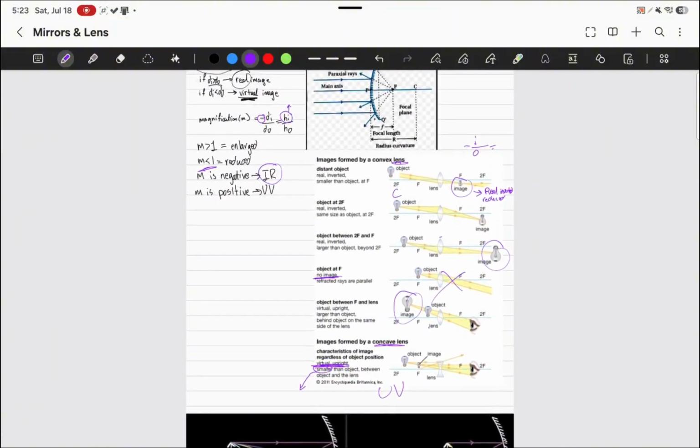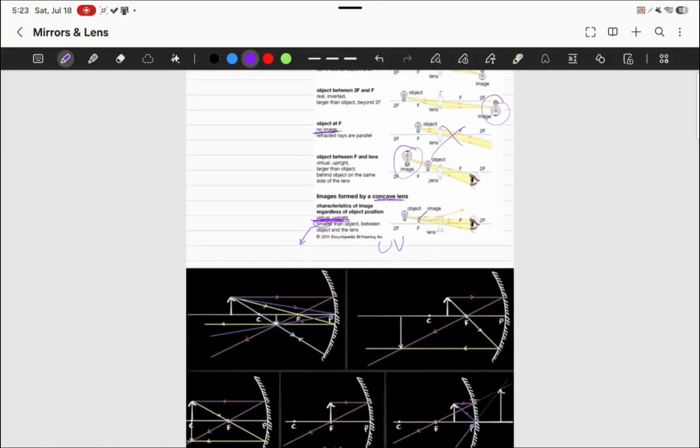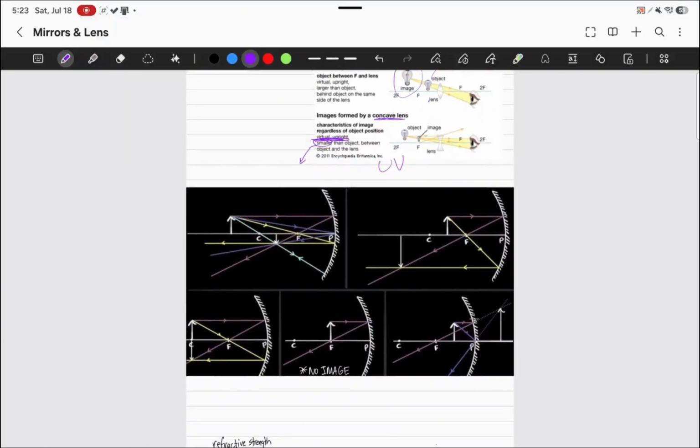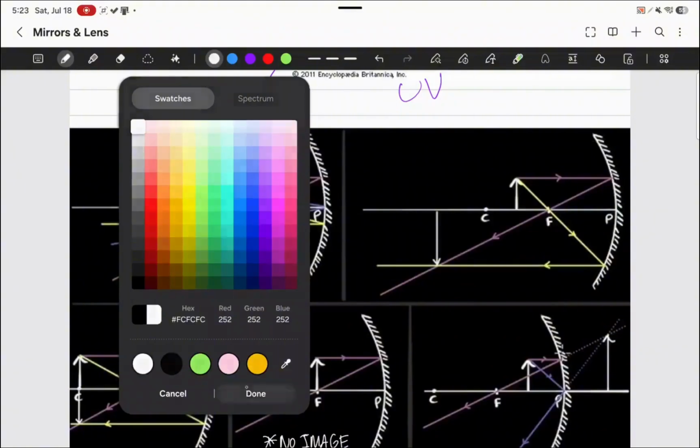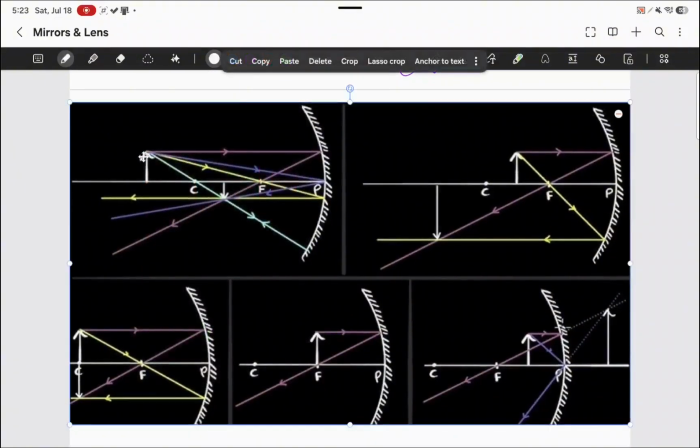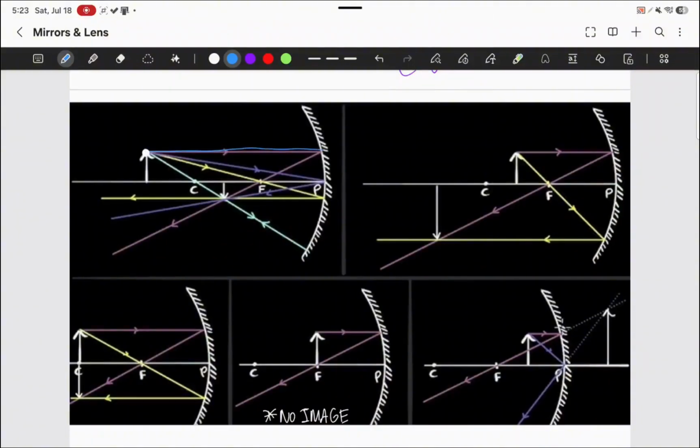Now, let's talk about a concave mirror. Remember, a concave mirror means that it is going inward. Let's say that you have an object right here. This object can have a lot of light waves coming out of it. One goes through the focal point.